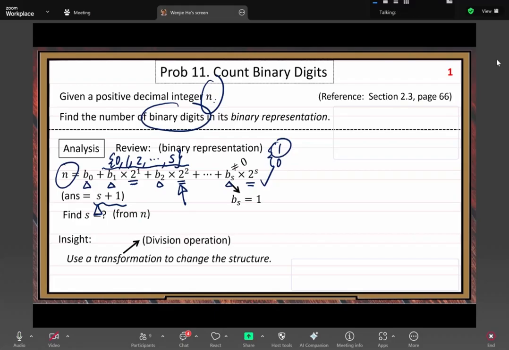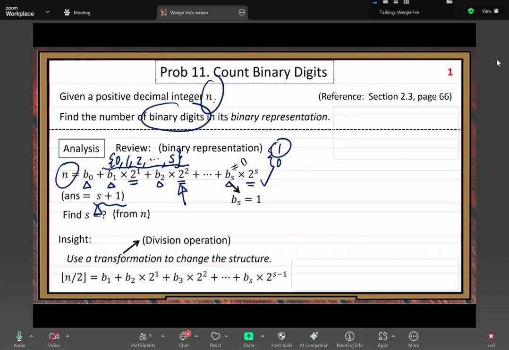Then you can do the transformation. You get an equivalent formula, but the form is different.